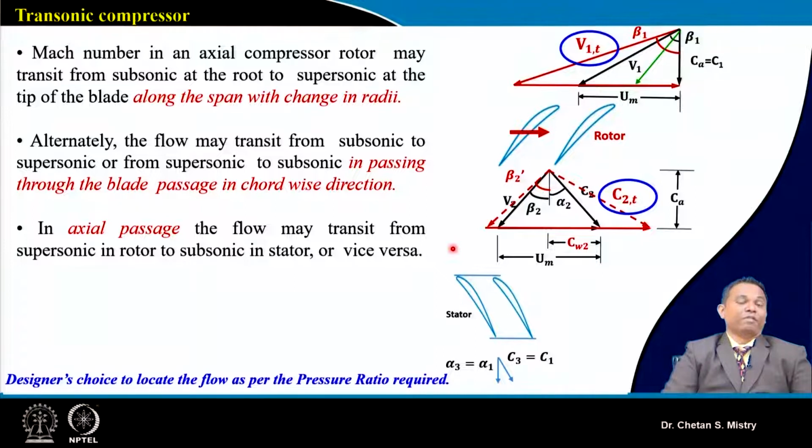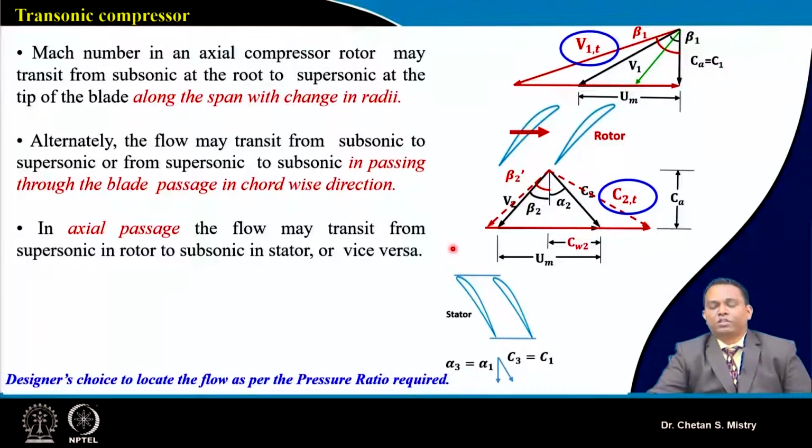So not only what is happening at the front, but how the flow behaves between the blade passage is also equally important. The axial passage flow may transit from supersonic in the rotor to subsonic in the stator and vice versa.